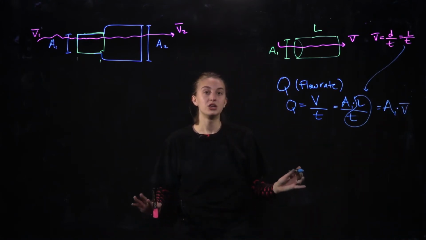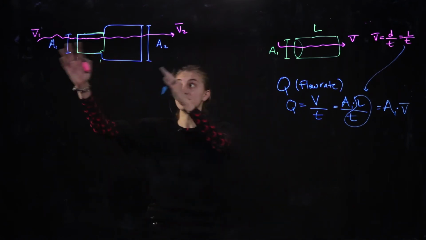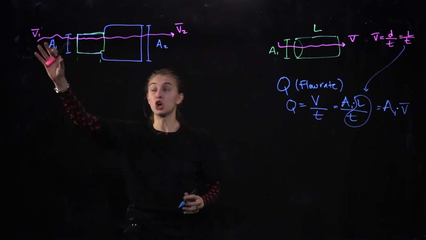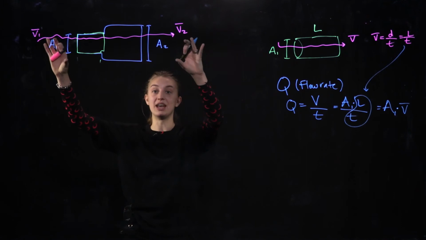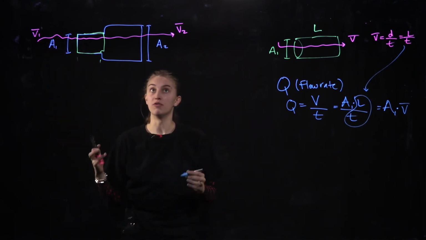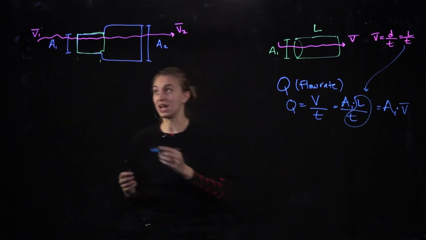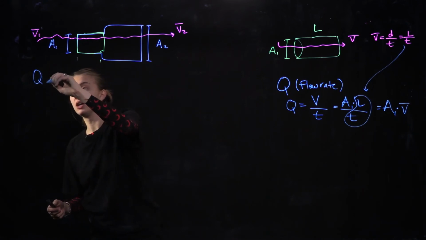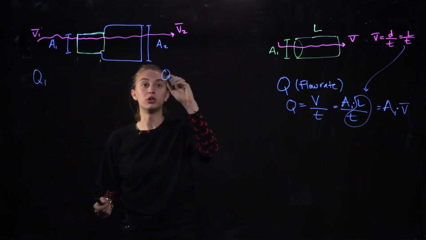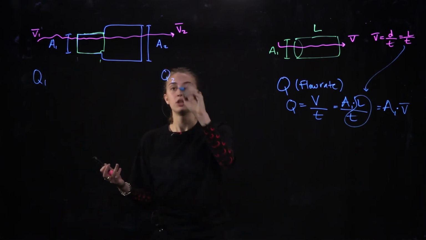Okay, so when we're thinking about this problem, we know that the starting mass has to equal the ending mass per the conservation of mass. We can also then say that the starting flow rate, Q1, has to be equal to the ending flow rate, Q2.